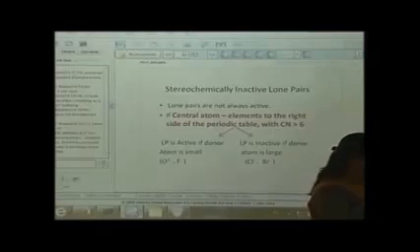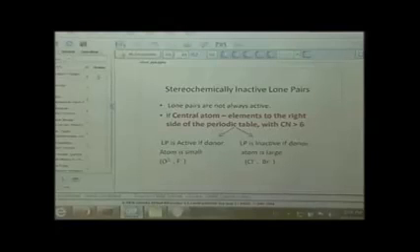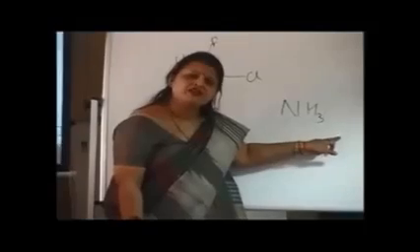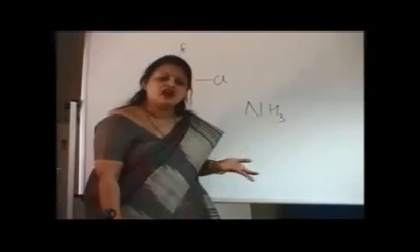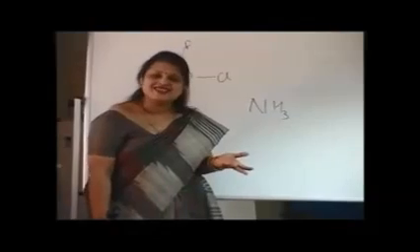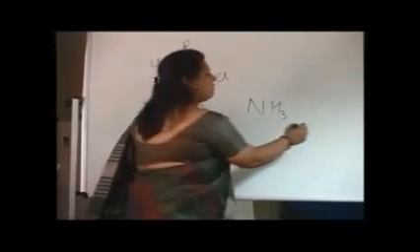Because if the number of electrons on the water molecule or on ammonia, I think we have already done, 5 plus 3, 8 divided by 2, 4 pairs. Out of the 4 pairs, 3 are bonded, 1 is a lone pair, and hence it is slightly distorting the molecule, giving it a pyramidal shape.